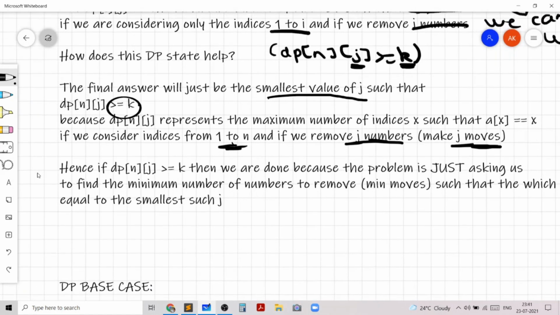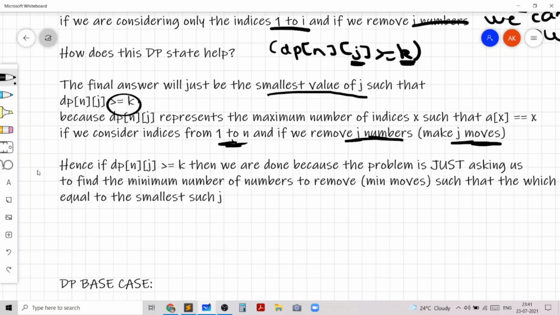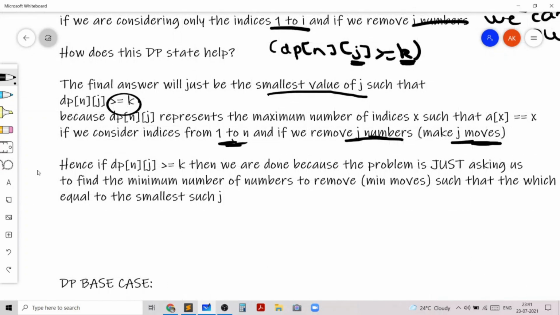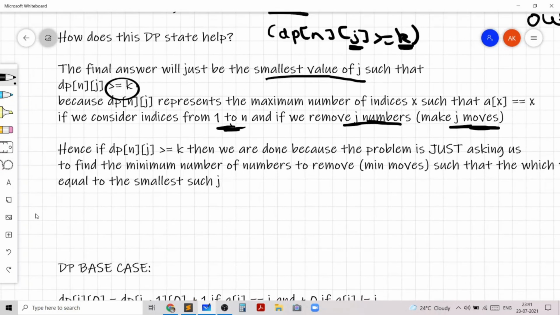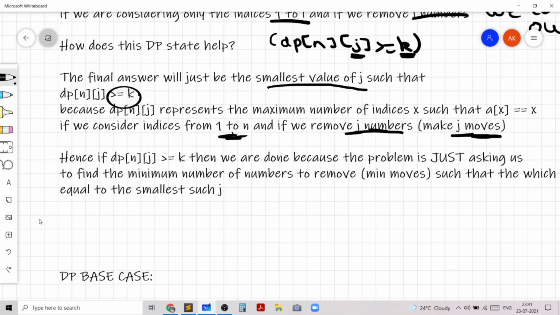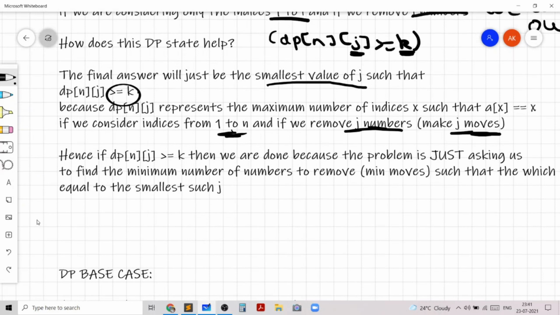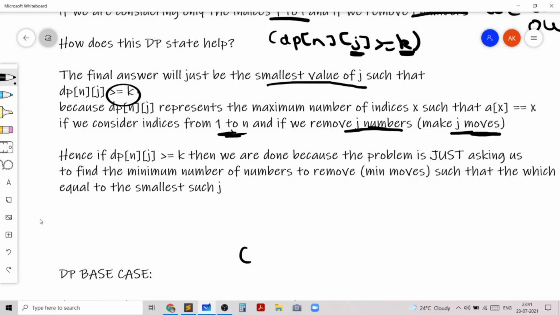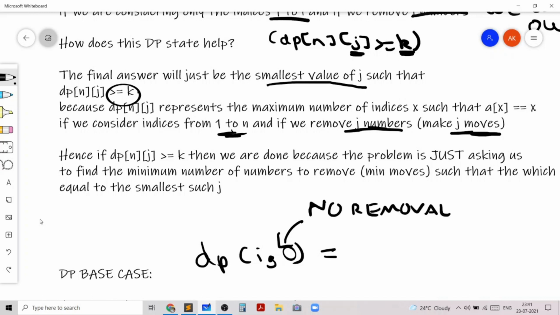Now let's look at the base case and the transition, because from there only we will be able to use the DP state. Let's look at the base case first. If we consider i comma 0, then dp[i][0], where 0 means no removals or no moves, basically we can't do any move.